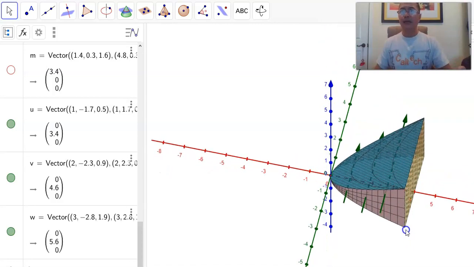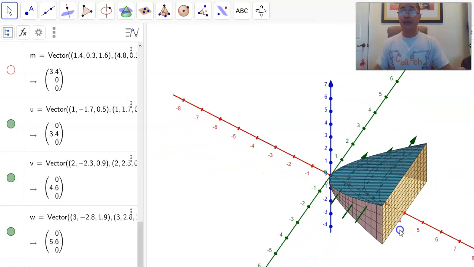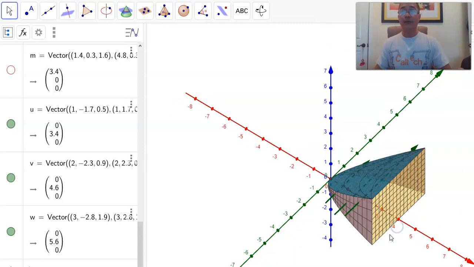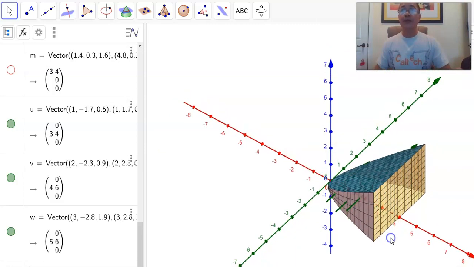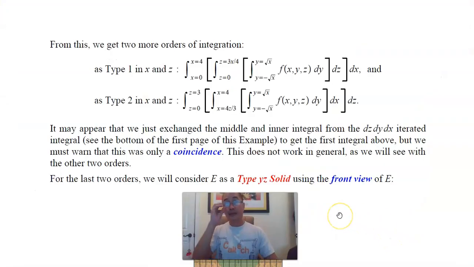Does this happen all the time? I don't want to say yes, okay? You really have to look at each and every view to make sure that what you think is happening really is happening. And I can already tell you, no, it's not going to happen like this all the time. Definitely not.